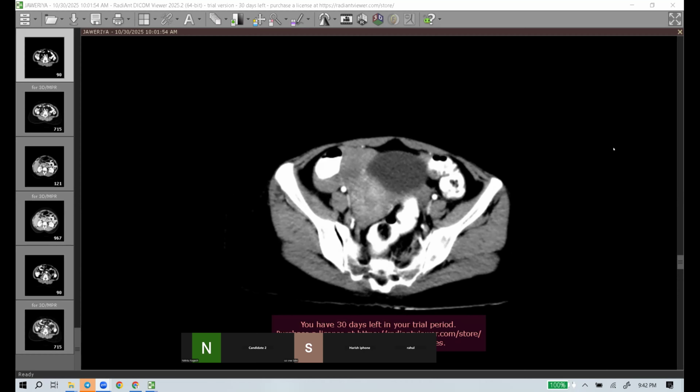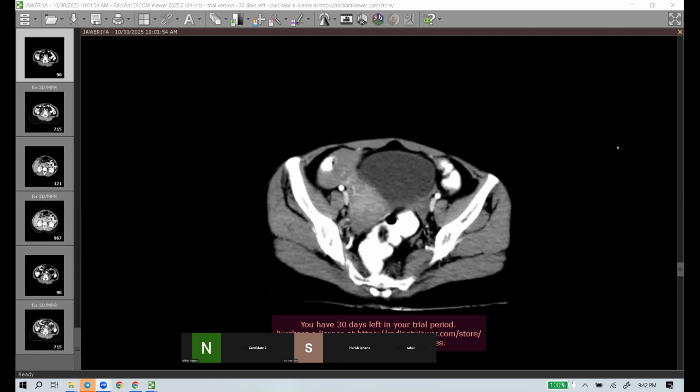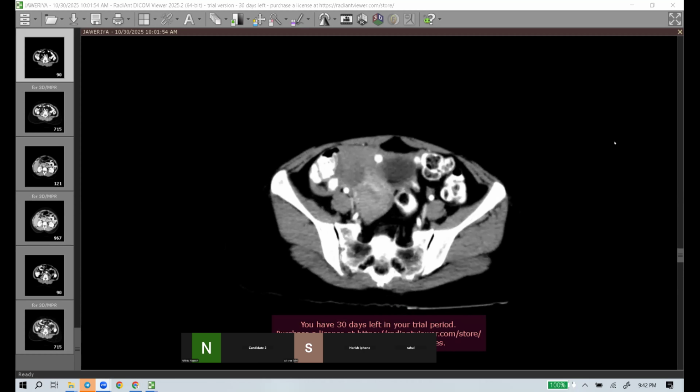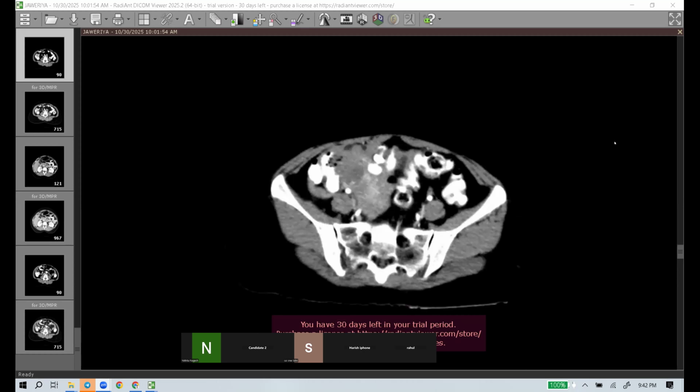Because you can see the right adnexa is bulky, the whole surrounding anatomy is lost. But if you're thinking of torsion, you'll have a midline, very asymmetrically bulky ovary. Anything else in adnexa which you can think of, ovarian lesion with such large collections?